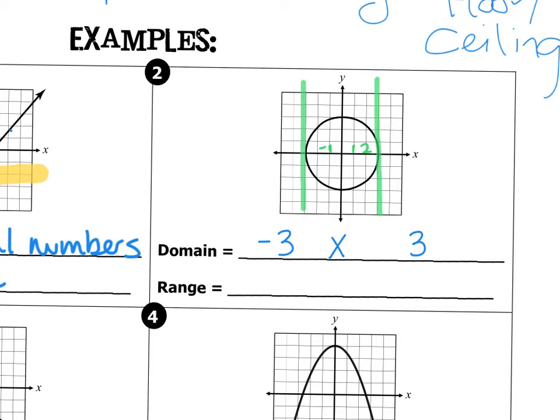Our values for x are greater than -3, but they're also touching -3, so I need to have the or equal to. But all these numbers are also less than +3. Again, it's also touching +3. So this is the way we'd write our domain. We'd say x is bigger than or equal to -3 and less than or equal to +3.